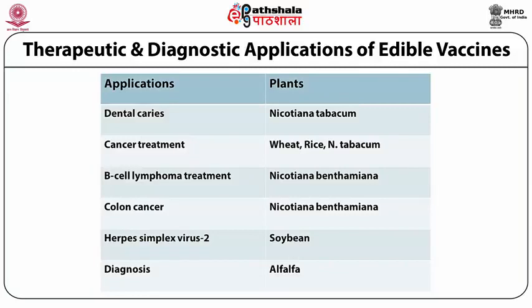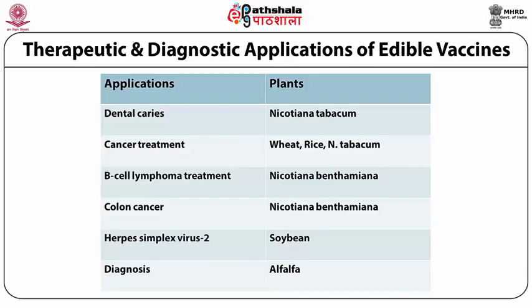Also, some therapeutic edible vaccines and diagnostic applications of these vaccines have been developed. For example, vaccines used in cancer treatment, like colon cancer, or infections such as herpes simplex virus, and so on.